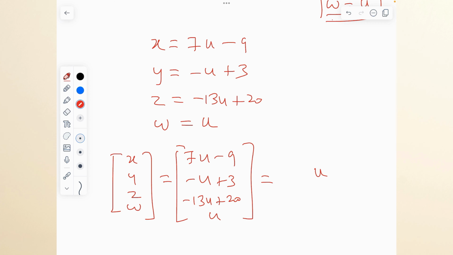This u term, take it commonly outside and write the balance in the matrix. So we'll be getting 7 times u, next is minus 1, next is minus 13, next is 1. If you just cross check, 7 into u is 7u, minus 1 into u is minus u, minus 13 into u is minus 13u, and 1 into u is u.